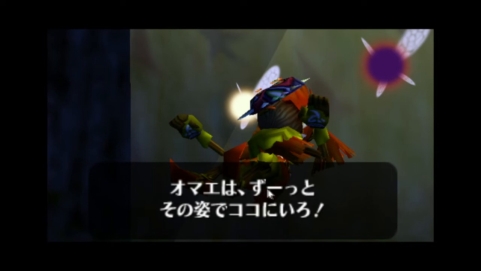So I suppose you could translate this as longly. For a long time. Sono sugata de is like in that form, or by means of that form. Probably in is the best translation, isn't it? In that state. Koko, meaning here. Ni, just kind of a required preposition. In this place. In here, via that form, iro. And iro is the imperative form of iru, which means to be.